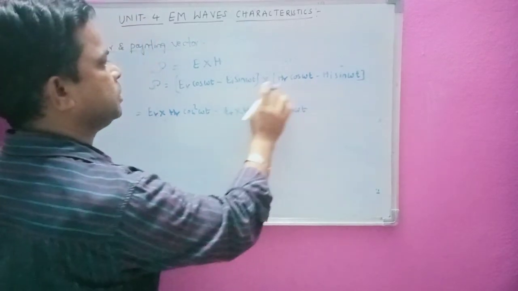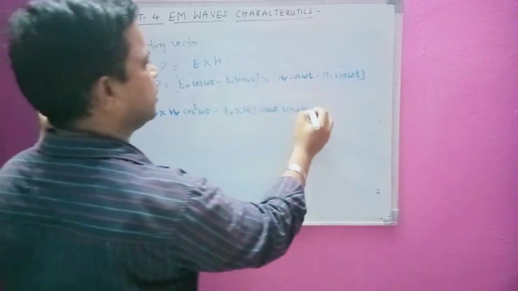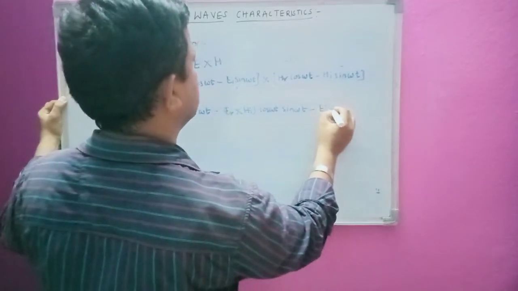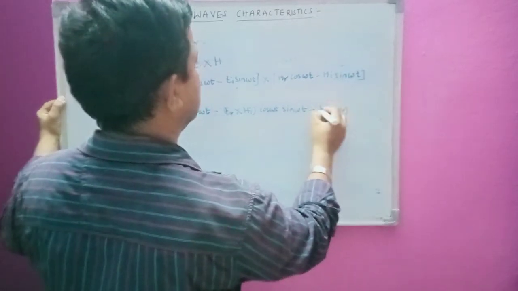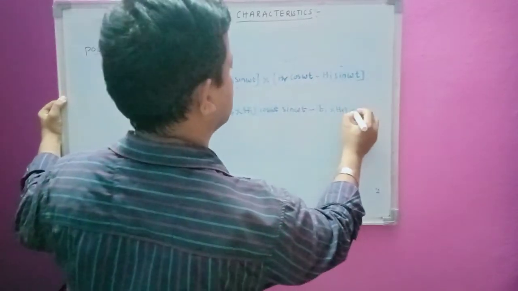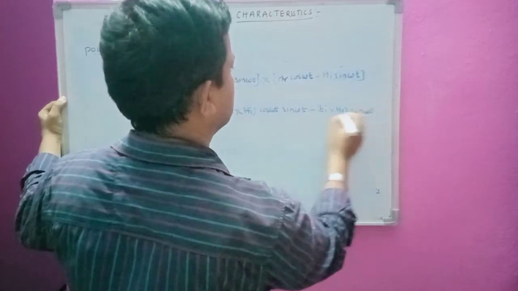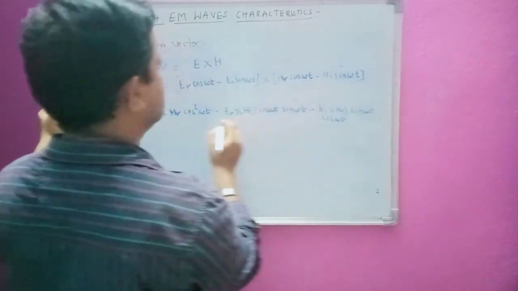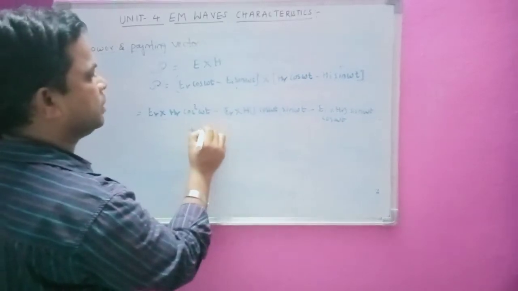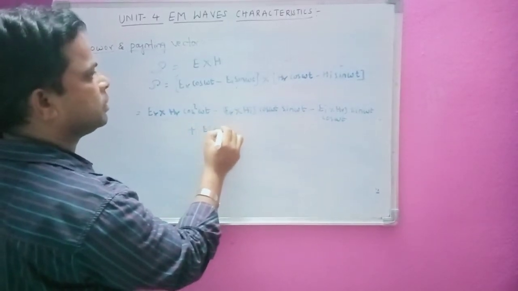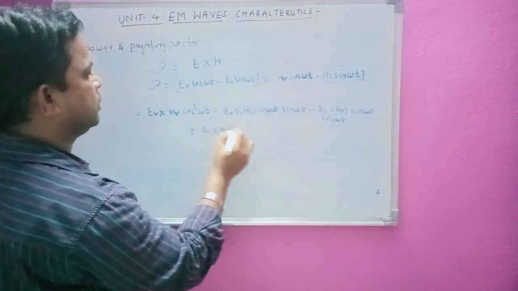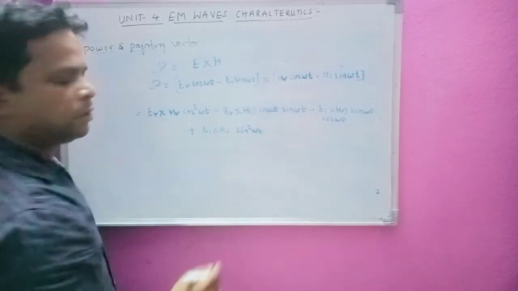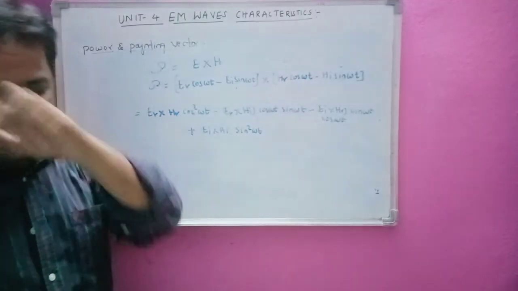Next this one into this one, minus Ei cross Hr sin omega t cos omega t. Similarly this one into this one I get plus Ei cross Hi sin square omega t. So this is the big equation I am going to get here.